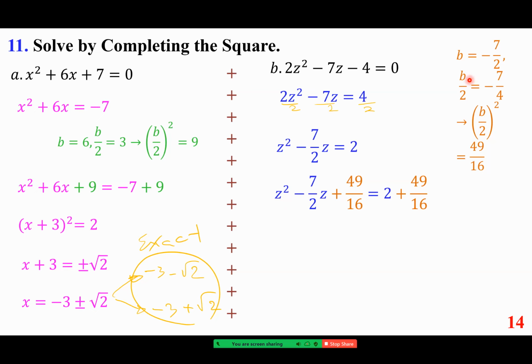What is b over 2? -7/4. So z plus -7/4, that means z minus 7/4. So the left side is very obvious. What about the right side? Add these two, because the denominator is 16. We're going to change the 2 to 32 over 16. So 32 and 49, they give us 81.